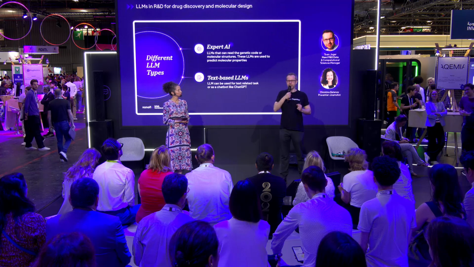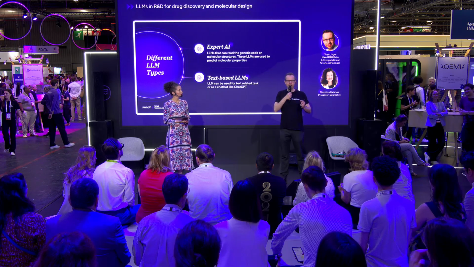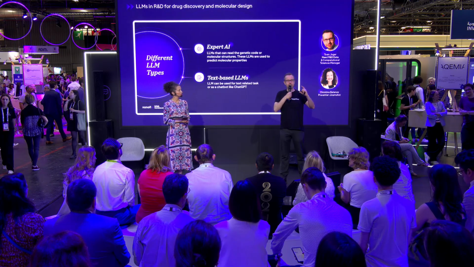And tell me, what's the difference between text-based LLMs and molecular LLMs you just mentioned earlier? Yeah. For the text-based LLMs, the main difference is the training data. That means you're training these models on a huge corpus of books, articles, the whole internet actually. So the model itself, which is a neural network, will remember and use the content that it's trained on to give you responses.